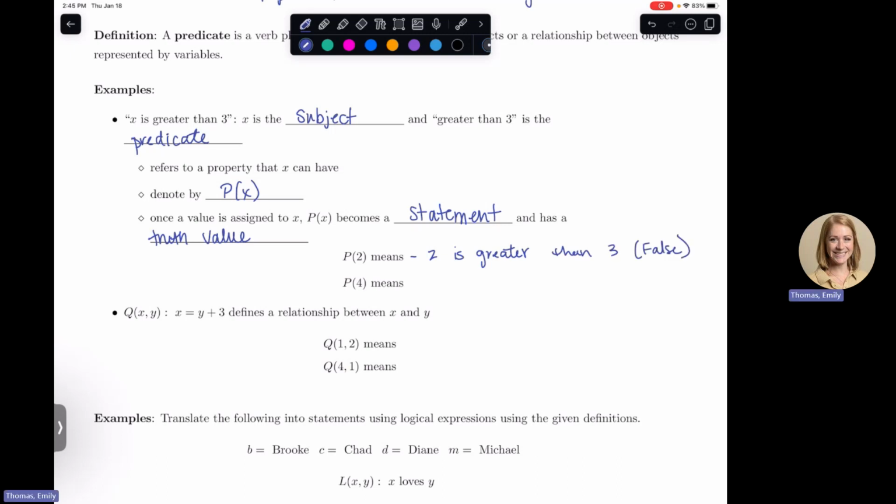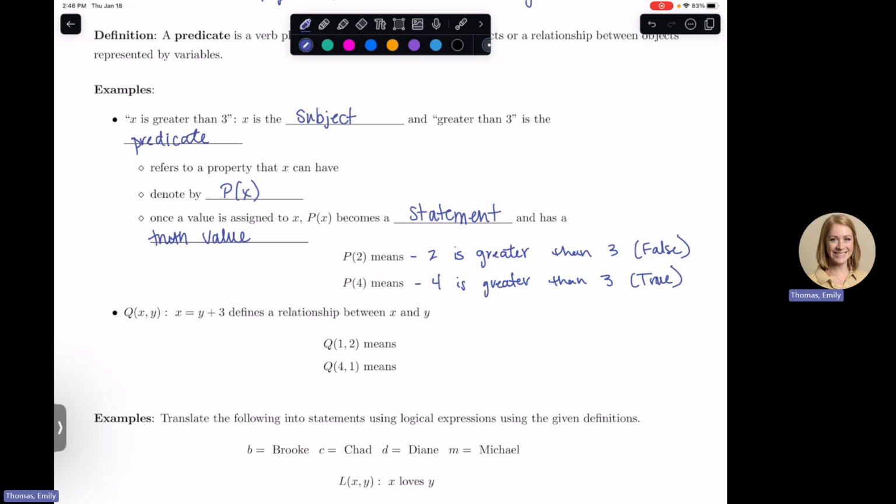The truth value is false. X is greater than 3 by itself is not a statement. 2 greater than 3, that's a statement. P of 4 is the statement that 4 is greater than 3, which is true. Once you assign an input, you now have a statement.